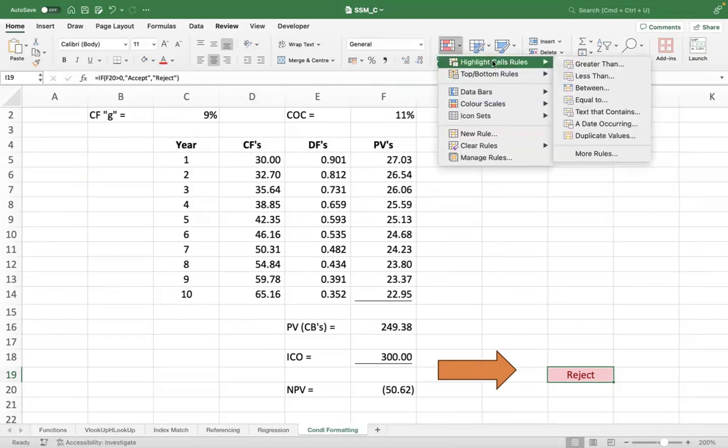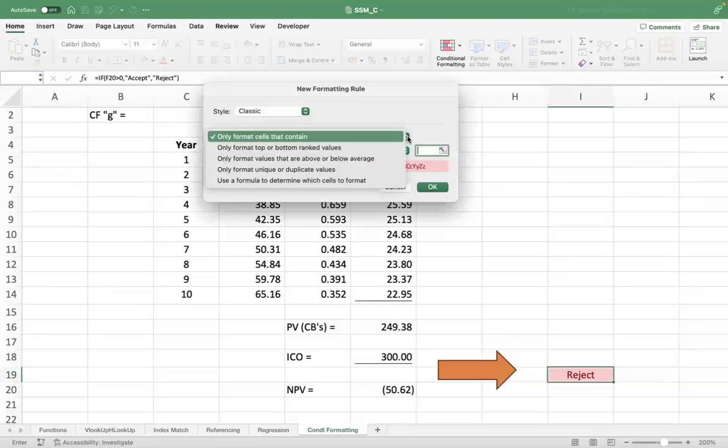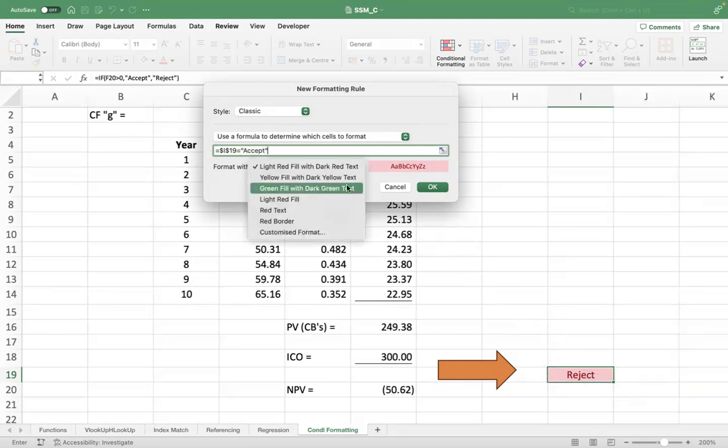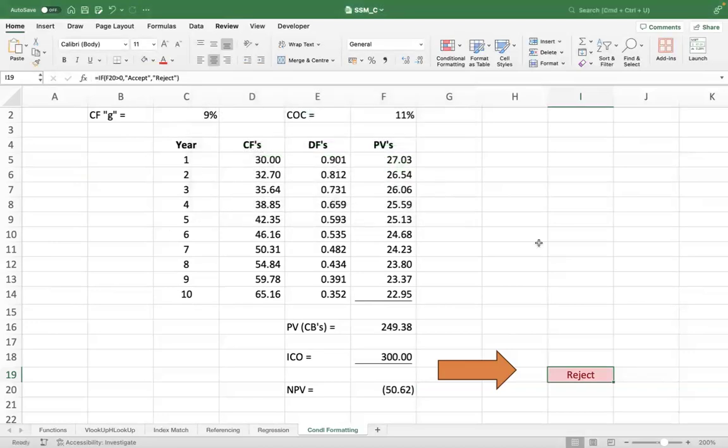another rule here. And again, use a formula to determine which cells to format. Again, this cell here. If this is equal to "accept", then I will use this one, green. Green fill with green text and press OK. So now suppose this was a positive NPV.